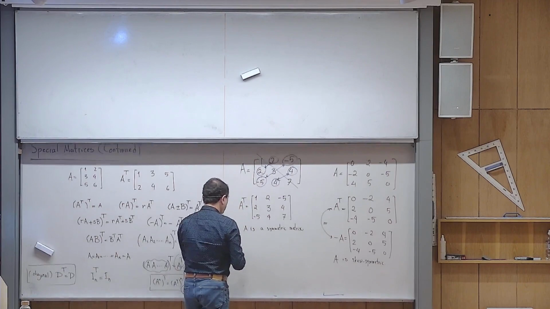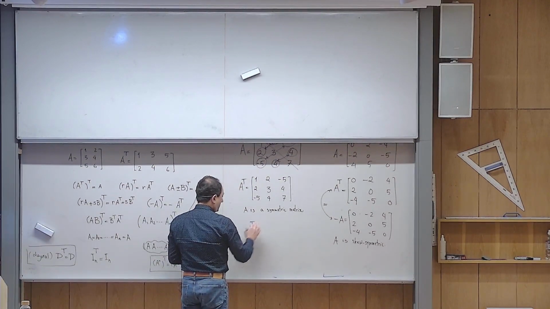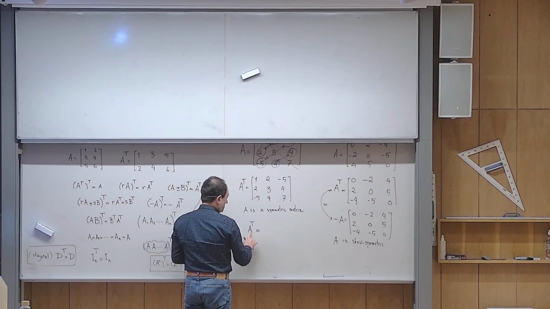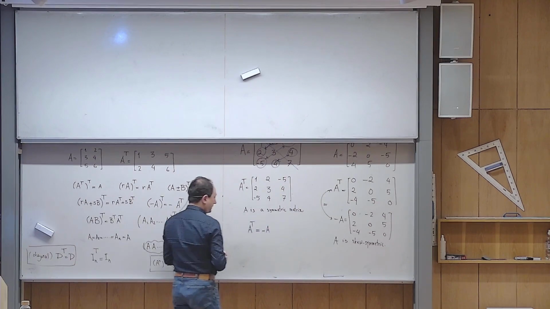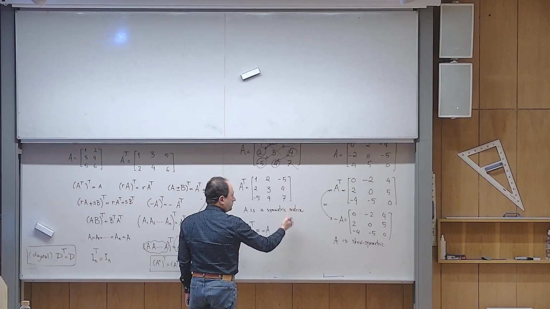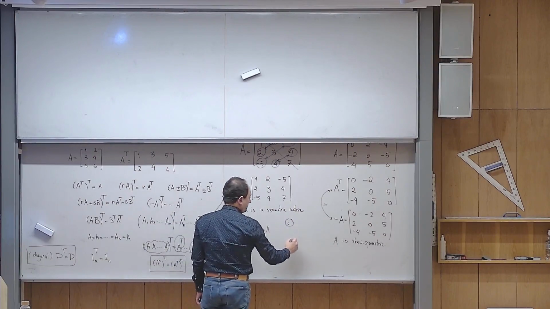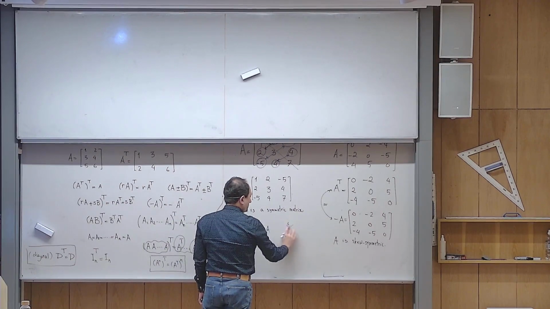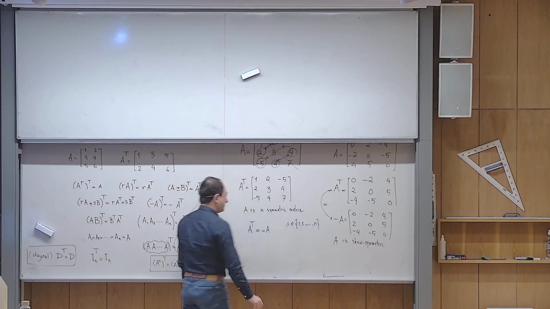Because you know that if A is skew-symmetric, it means A transpose is equal to minus itself. Okay, but now let us say i is an index between 1 and n, where n is the order of the matrix. Now you know set theory, so let me just write i belongs to the set {1, 2, ..., n}. Yes?